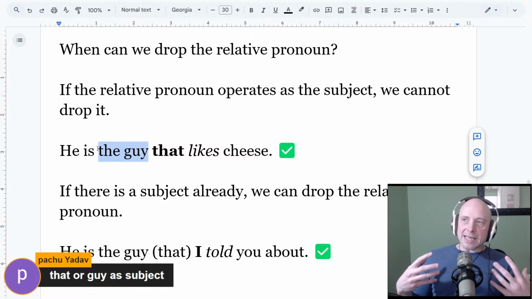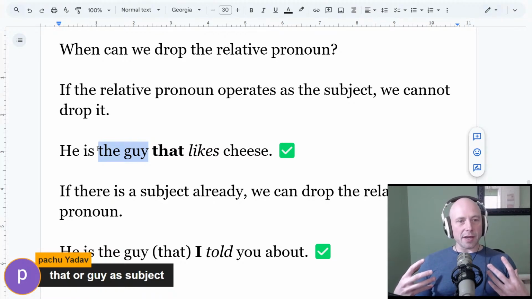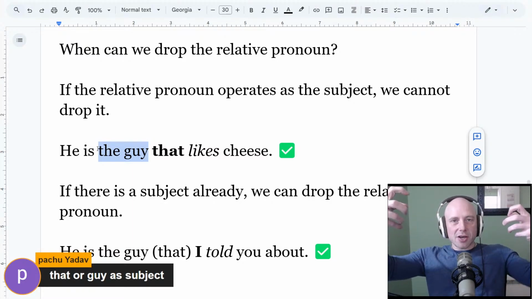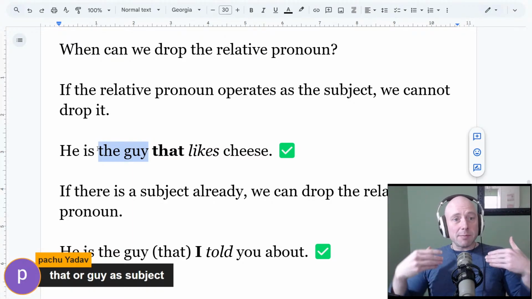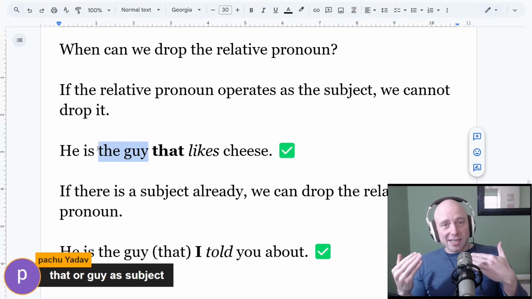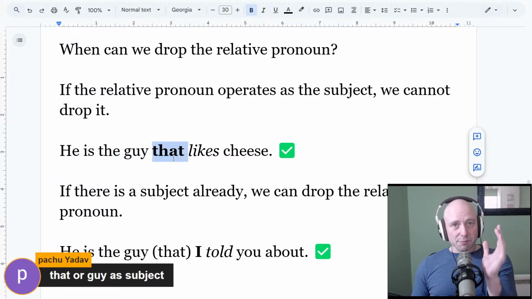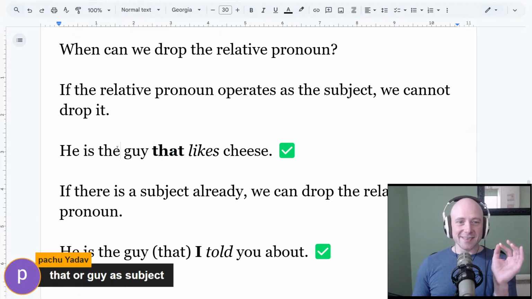In terms of meaning, the guy is the same real thing as that. And so in terms of meaning, yes, we mean the guy likes cheese. But looking at the form, in terms of the grammar, the actual subject is the relative pronoun that, which refers to the guy. All right?